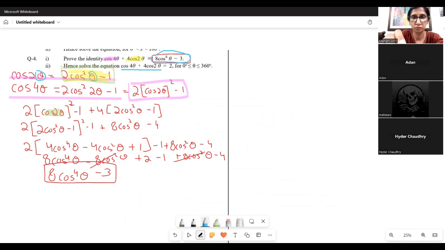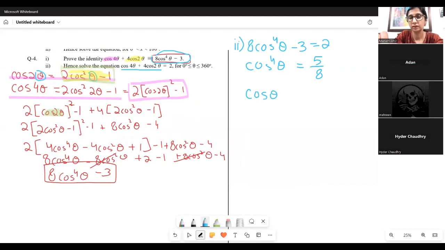For part 2, we have 8 cos power 4 theta minus 3 equals 2. So that is cos^4 theta equals 5 by 8. So cos theta equals, whenever it's a positive even power, we write plus minus before the root, the 4th root of 5 by 8.